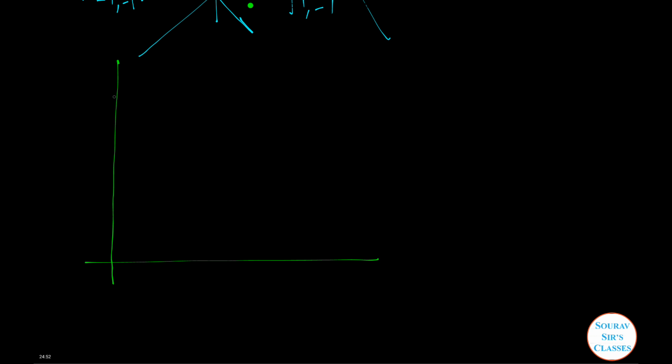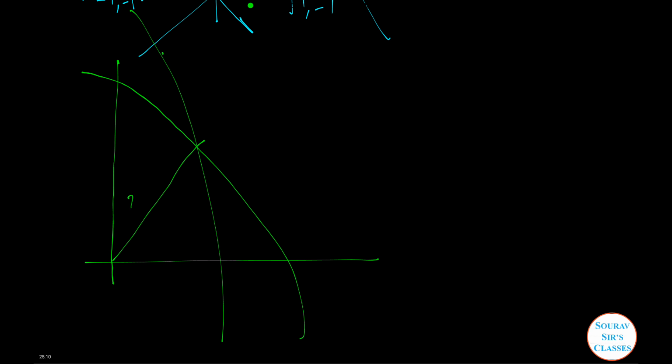Okay, this one is the y. Now the parabola went like this. z, this is a straight line I'm taking, 0, this is the halfway mark.